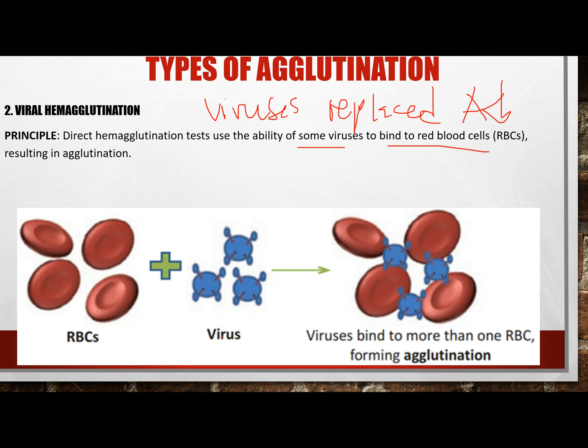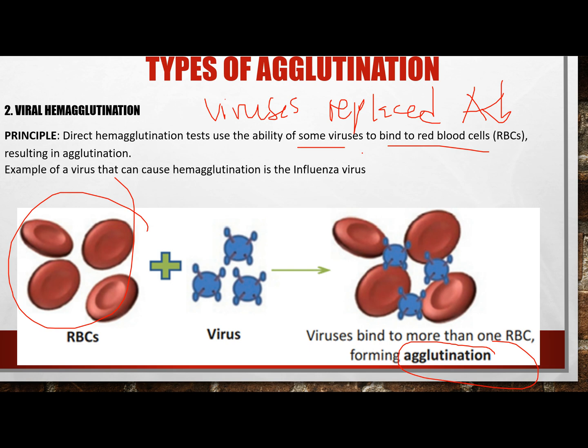Now, the viruses here, class, would attach to your antigen, specifically the red blood cell. And if they form sensitization, then a lattice, it would form an agglutination. So take note of that. The difference from direct agglutination, class, is that in viral hemagglutination you use viruses instead of antibodies to produce agglutination.